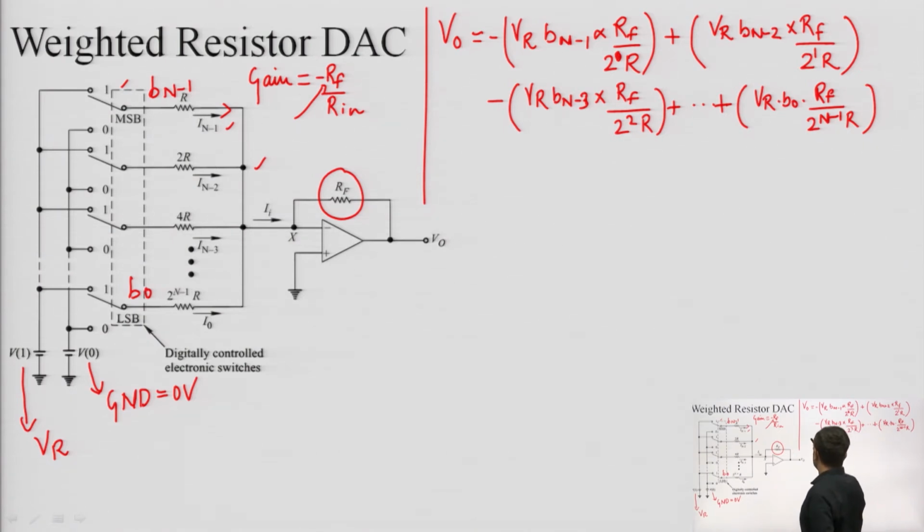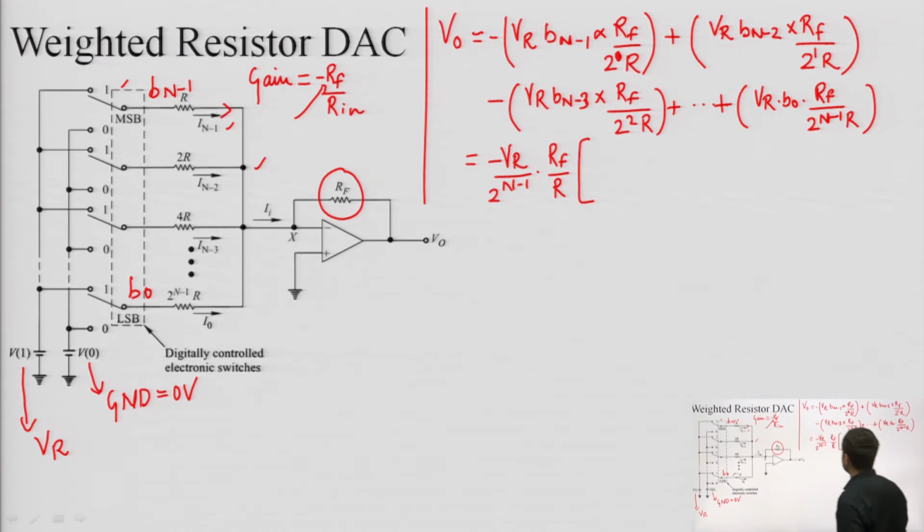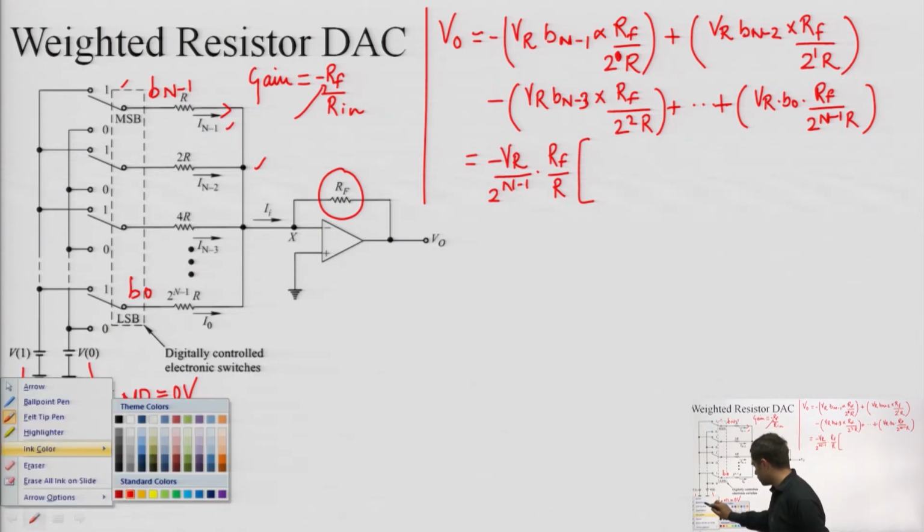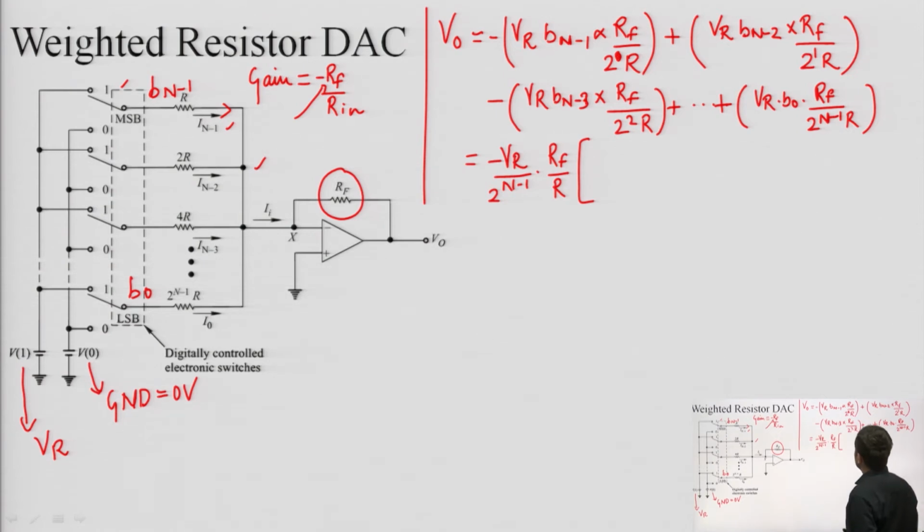So, if we take whatever we are getting common, we take VR common, minus VR common actually, and 2 raised to power n minus 1 also common, and also Rf upon R. If all this is taken common outside, then we can check from the first bracket what will be left inside.